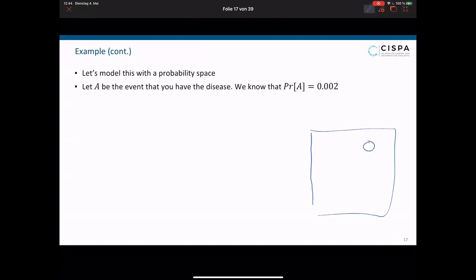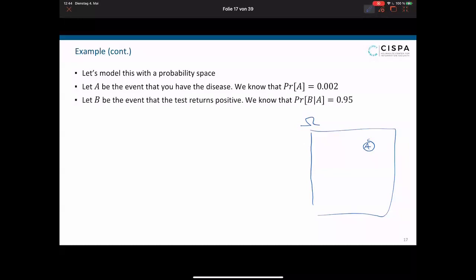This set is omega, this set A is something small, and it doesn't really matter how we model it. The only thing that matters here is the probability or the weight of this set, which is 0.002. Now, on the other hand, we have a second event B, which models that the test returns positive.